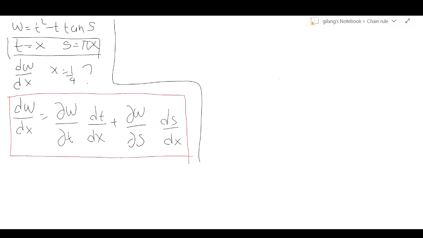So we get 2t minus tan s, which is the partial derivative of w, times 1 as dt over dx, plus minus t sec squared s times π.